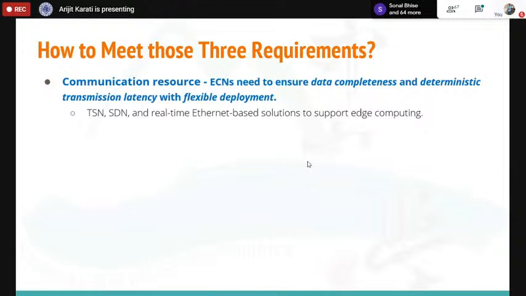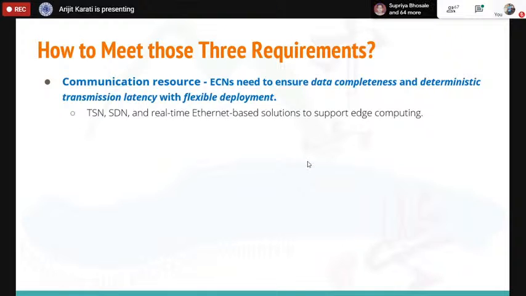That's why we are seeing how to meet the three requirements we have discussed. The first one is communication resources. In this, the edge computing node, or simply edge node, needs to ensure not only data completeness, but also deterministic transmission latency with flexible deployments.